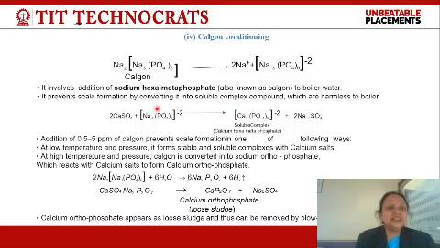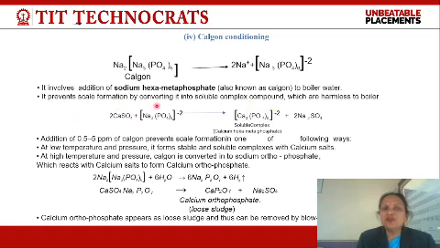But only in this method, Calgon in a low pressure and temperature boiler converts insoluble particles, especially calcium particles, into calcium hexametaphosphate, and it is a highly soluble stable complex, which is not harmful to the boiler.